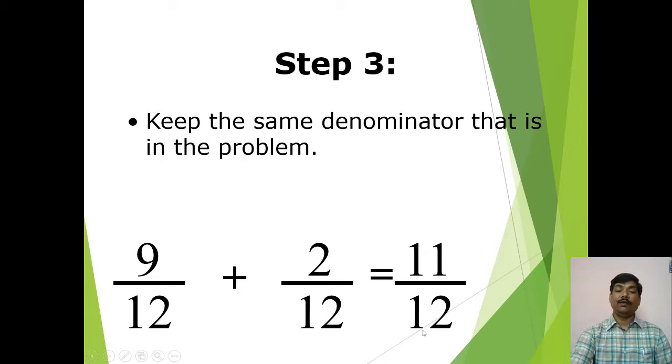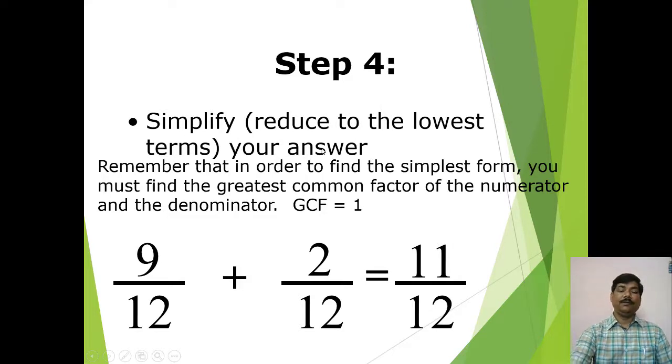So this 11 upon 12 will be the answer to your problem, that is the sum of 3 upon 4 and 1 upon 6. Now we will take the next step, simplify.